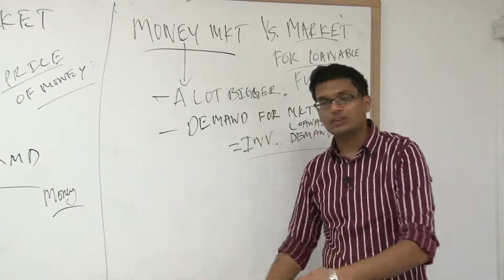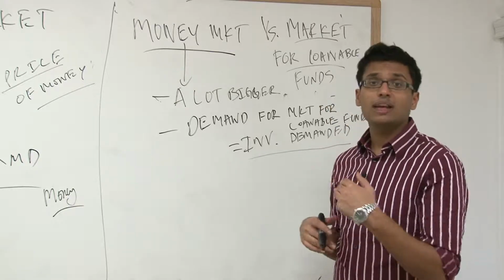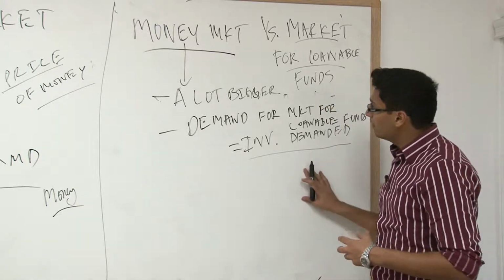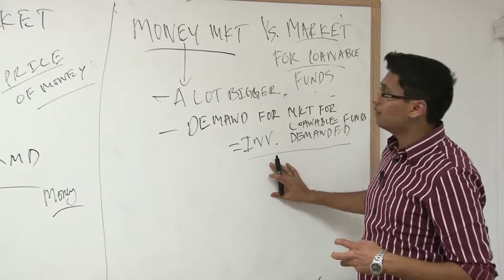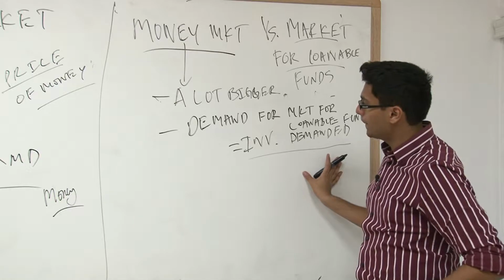They need to invest in machinery. They need to invest in different projects because they want to make money and they want to make profits. And the way they do that is they invest money. So the demand function in the market for loanable funds is actually the investment demanded by the firms.